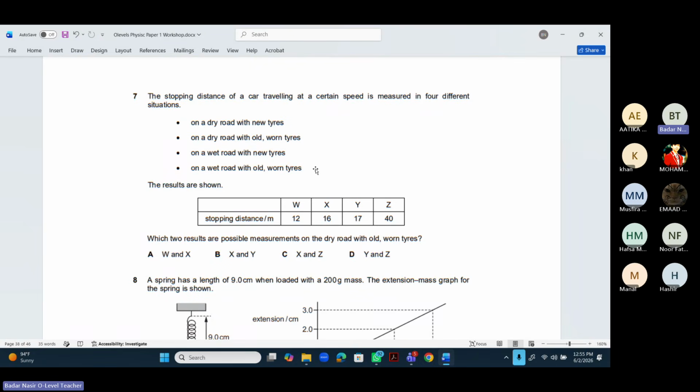of a car traveling at a certain speed is measured for 4 different situations on a dry road with new tires, on a dry road with old worn tires, on a wet road with new tires, on a wet road with old worn tires.